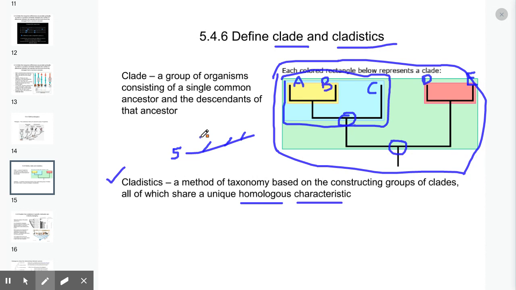So, for example, a whale has it in its fin, and those 5 fingers are used to help it swim. A bat, also 5 fingers in its wing to help it fly. And then humans, chimps and other apes, they use their 5 fingers for manipulating things. So that would be an example of a homologous characteristic.